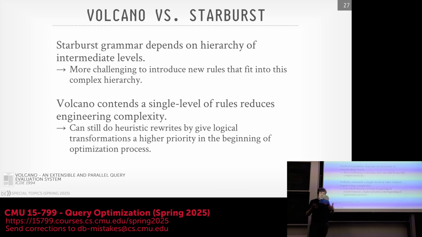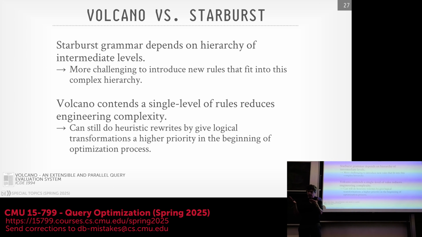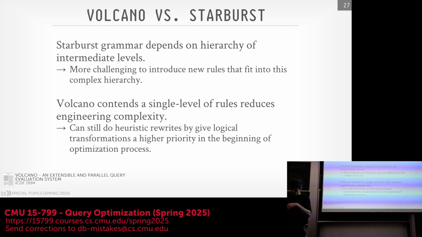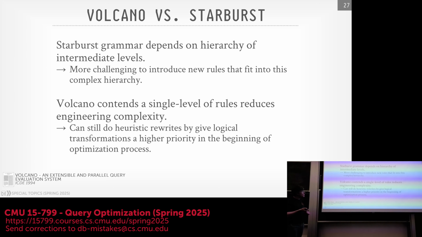Whereas in Starburst, you had this query graph model, then you converted that to this star lollipop thing that was completely different. Whereas in Cascades and Volcano, it's all within the context of just those 2 types of expressions.